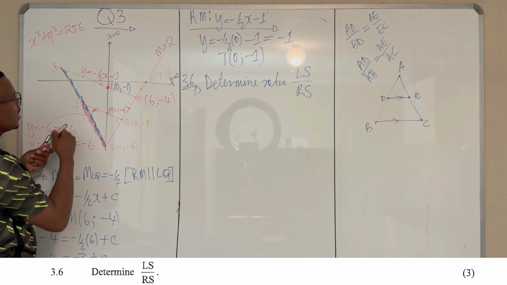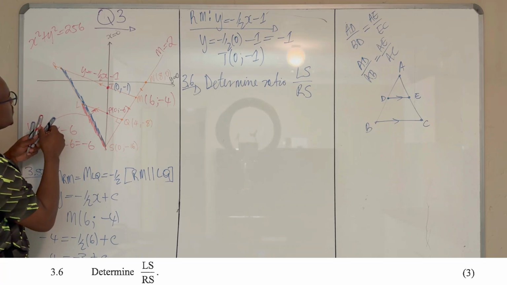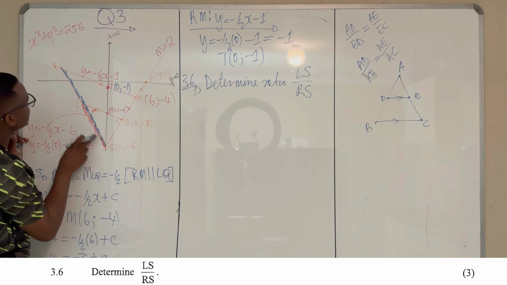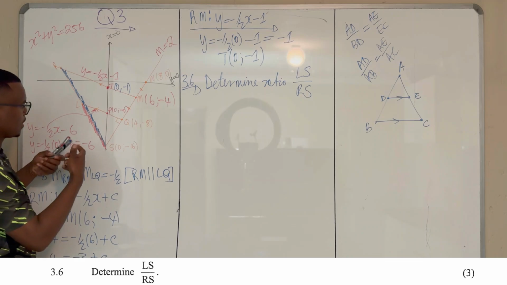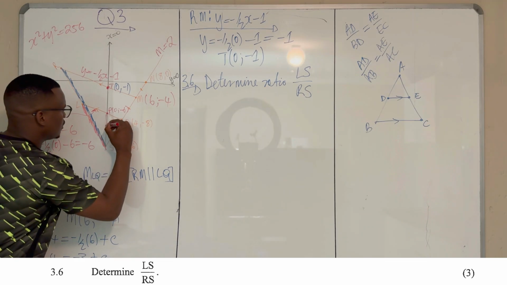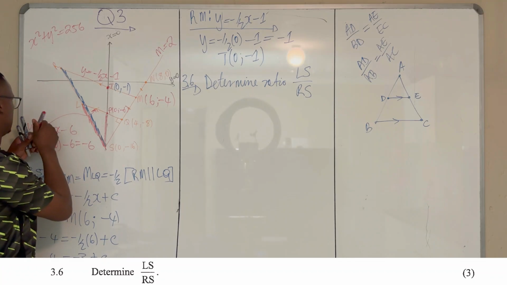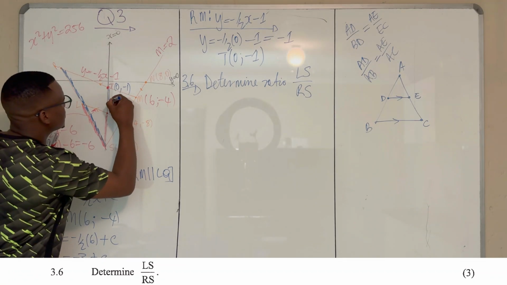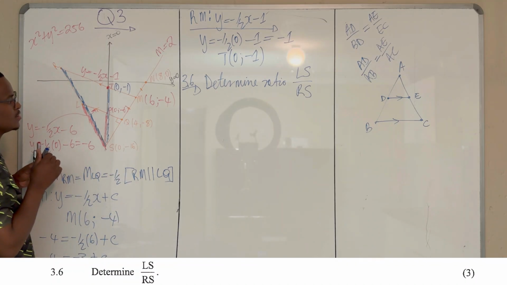Or you can look at this triangle over here, which is SRT, and say, okay, this part here corresponds to this red part, and this blue part corresponds to the entire side.